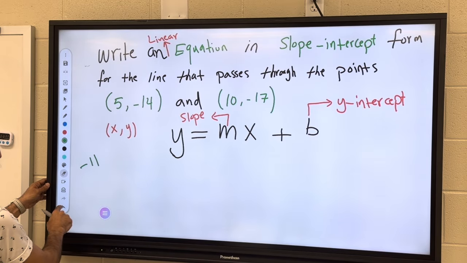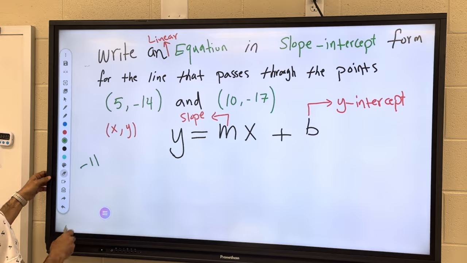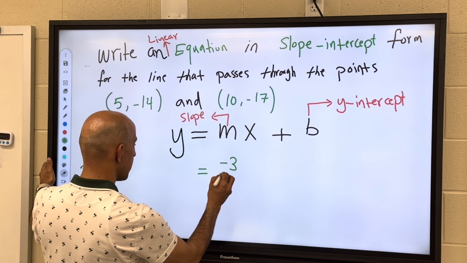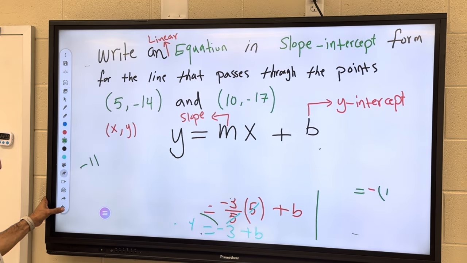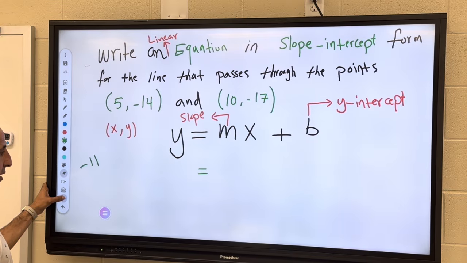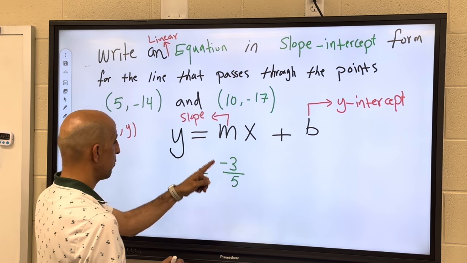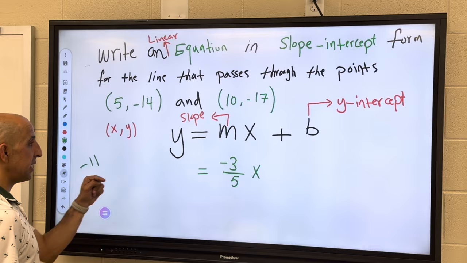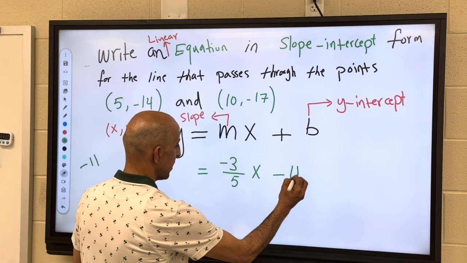So the slope, as we said, is negative 3 over 5. Let me go back a little bit. Yes, it is negative 3 over 5, which is the slope m, times x, and now the b, as we found it, is negative 11, so we subtract 11.